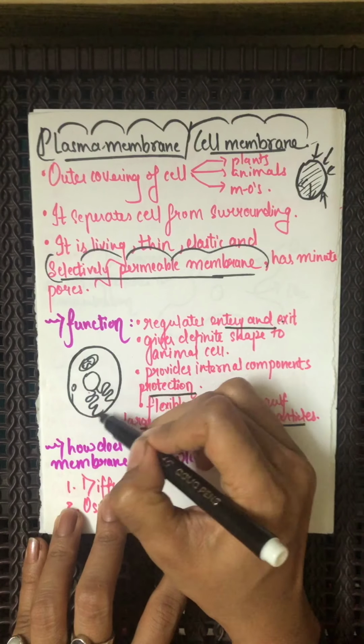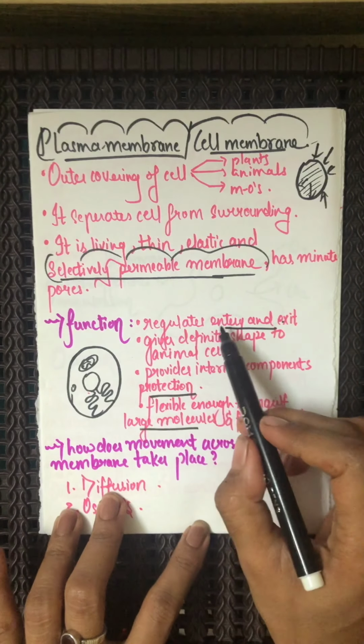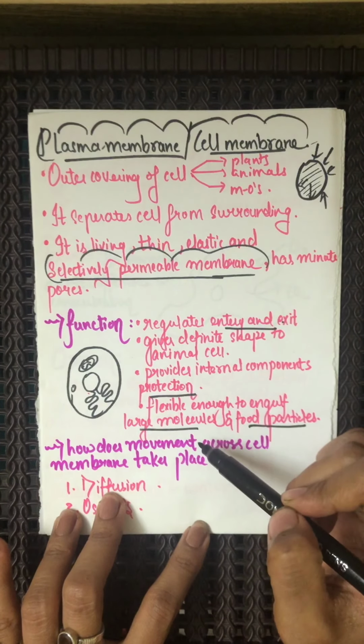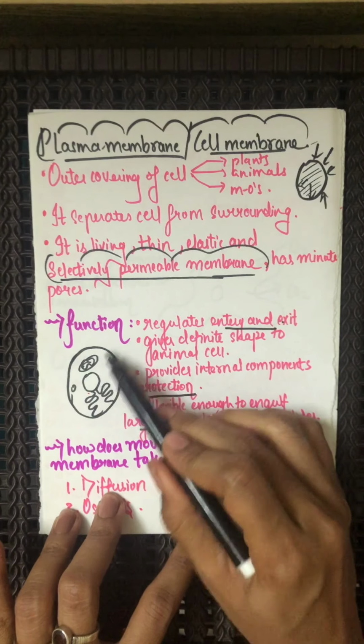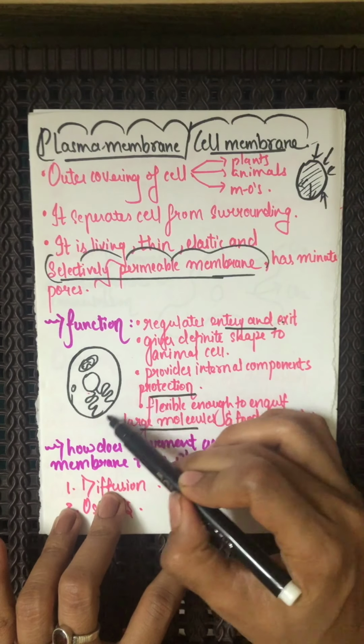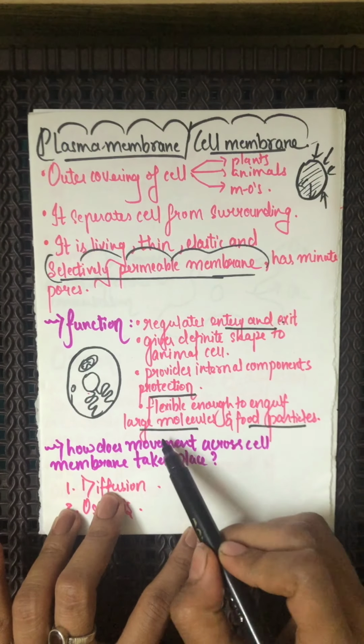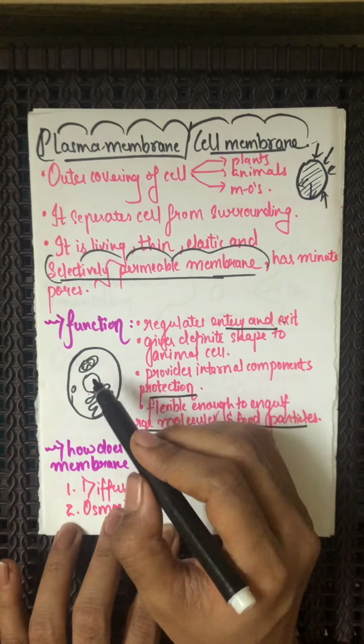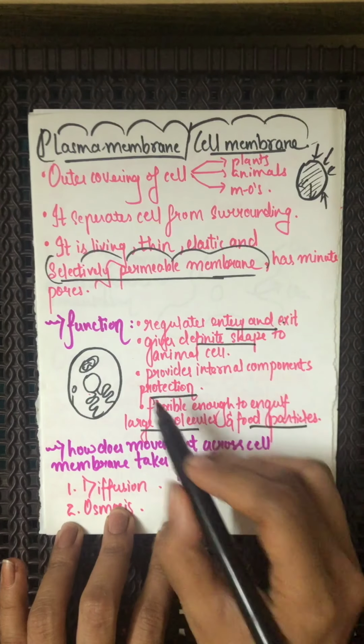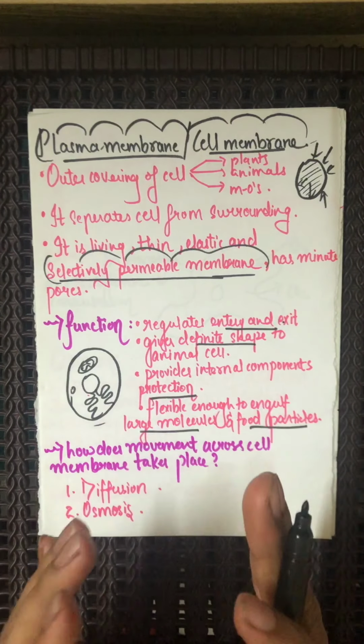Why? Because the cell membrane is flexible. So do you understand the functions of the cell membrane? It regulates the entry and exit, it protects the internal structures, it is flexible so that it can take large molecules inside it, and very importantly, it gives a definite shape to a given cell.